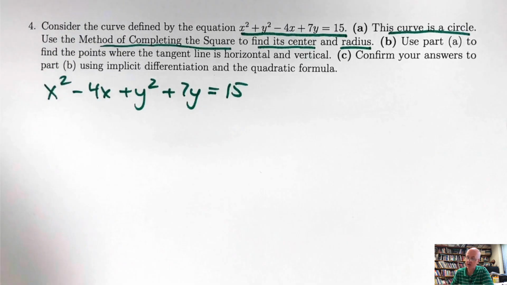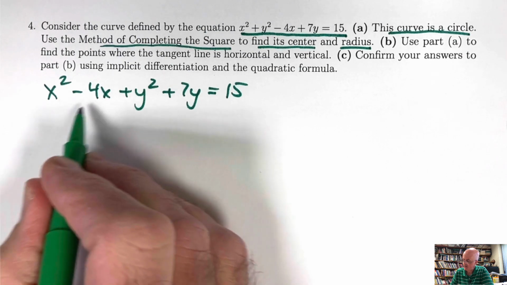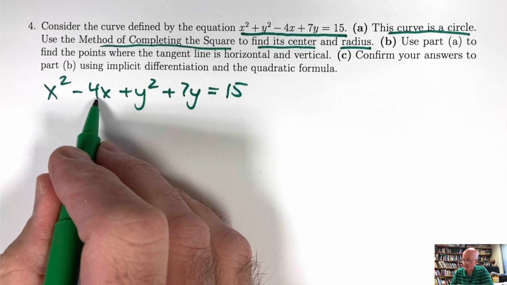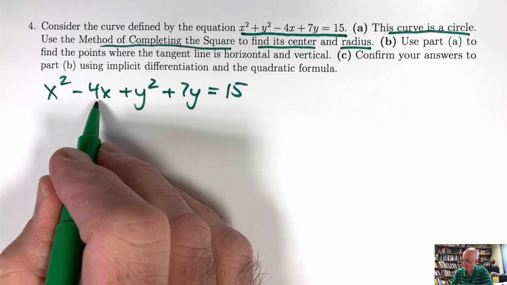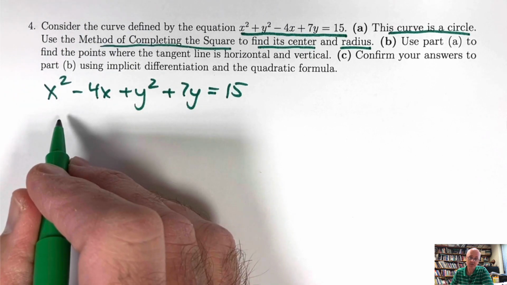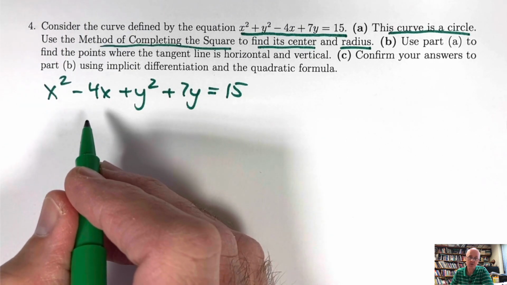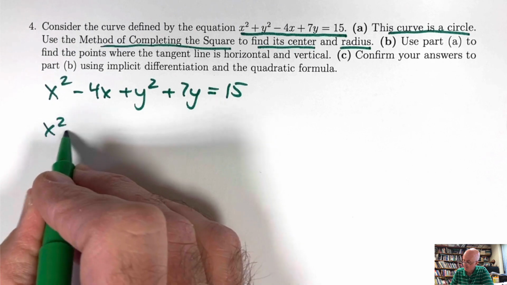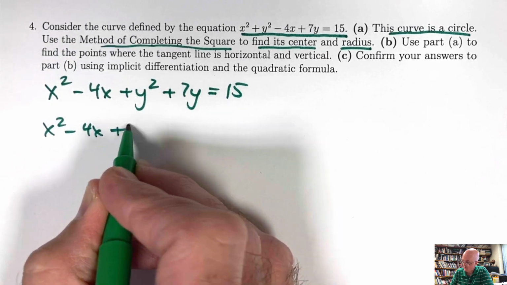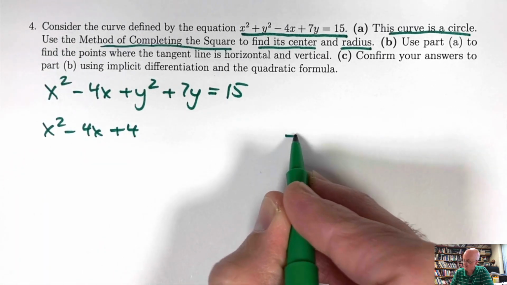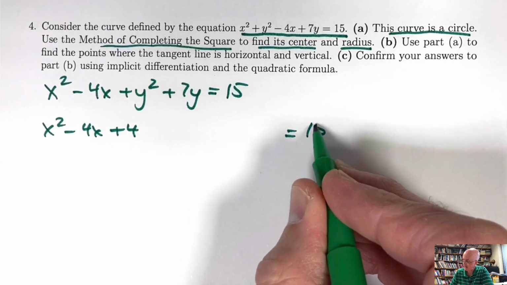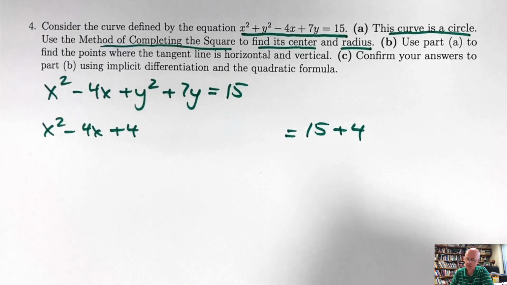That's the equation of a general circle. For the method of completing the square, you look at the coefficient of the linear term, in this case -4 for the x, divide it by 2 to get -2, and then square that number. -2 squared is +4. Go ahead and add 4 there. Of course, you can't just add 4 willy-nilly. You have to compensate by adding 4 on the other side too.